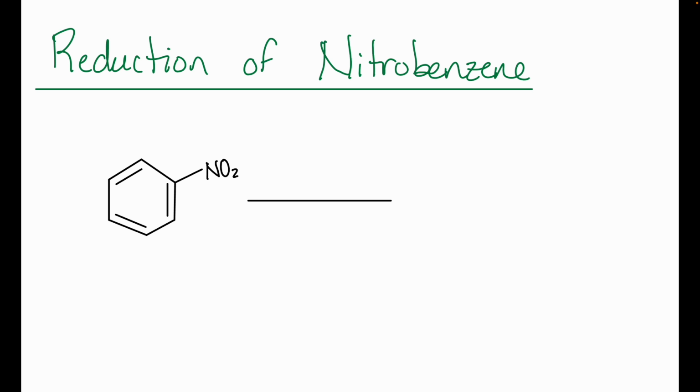Right, so the reagents that we need to do it: first you treat this with zinc in the presence of a strong acid like hydrochloric acid, and then strong base conditions.